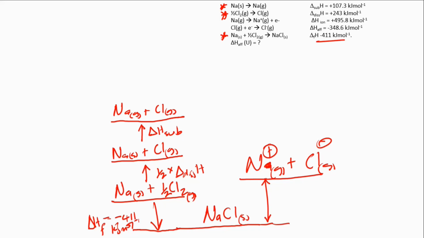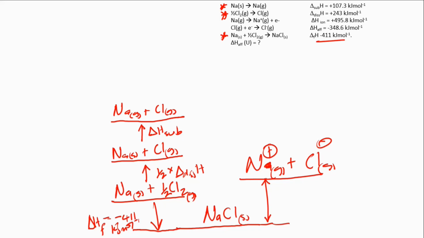The next thing we'll do, we could convert the gaseous sodium atoms to ions, and this is called ionization. Basically, what we'll be doing is pulling an electron off the gaseous sodium atoms. Of course, that will be an endothermic process because you're pulling an electron off. You're breaking the electron free from the force of attraction to the nucleus.